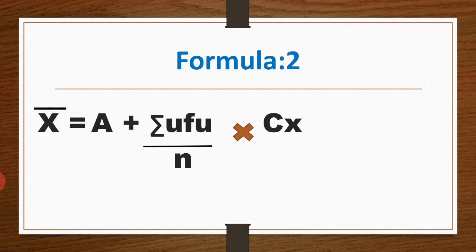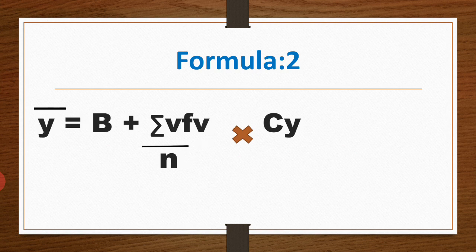So keep in mind, x bar is equal to a plus sigma ufu upon n into cx. A means assumption. We assume in the x column, from the mid value, and the value you assume is called a. Sigma ufu means total of the ufu, n means number of observations, and cx means class interval in x.